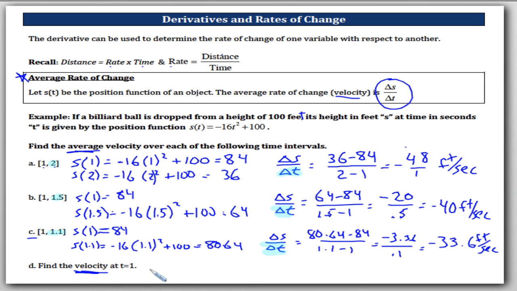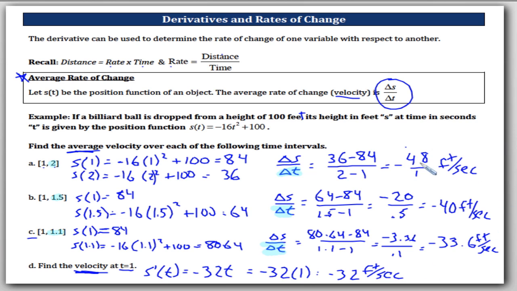So we would want to find s prime of t, which is negative 32t to the first power. So the instantaneous rate of change here is just going to be negative 32 times 1, which is negative 32 feet per second.